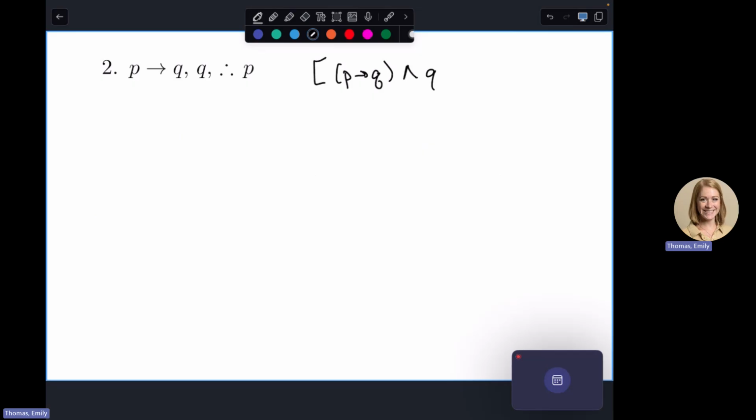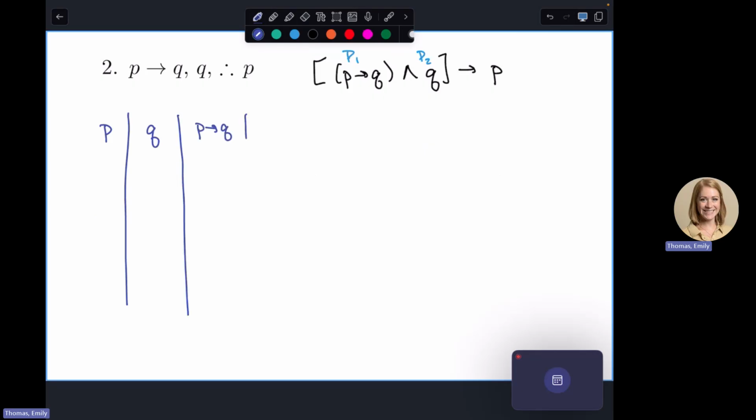Premise 2 is just Q. All of these imply P. Okay, so we have P, Q, P implies Q. One and two. And then 3 implies P.